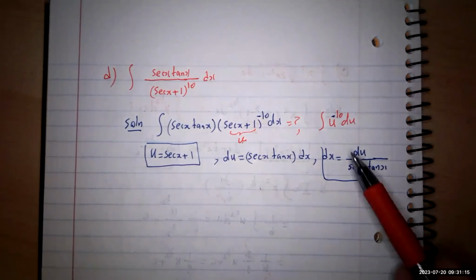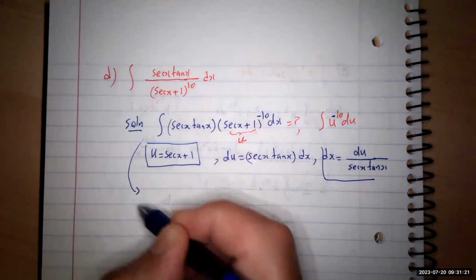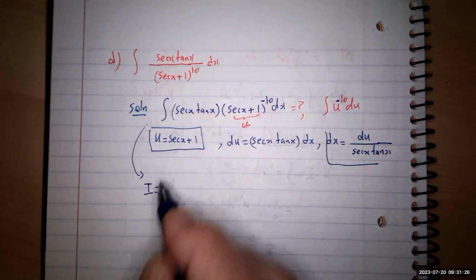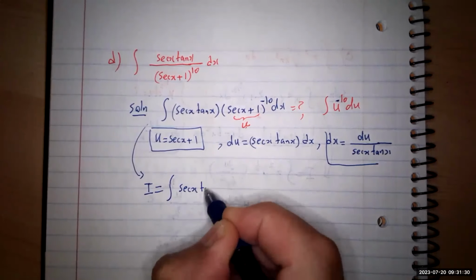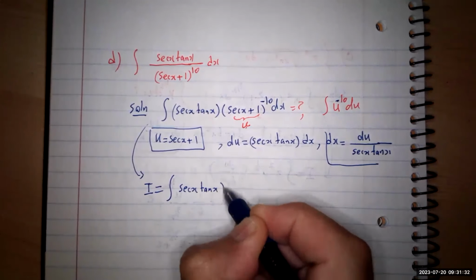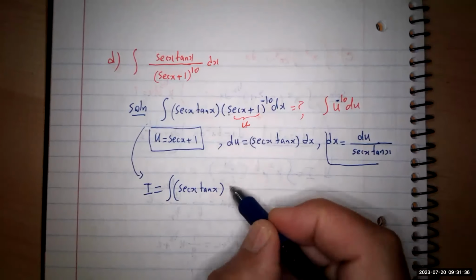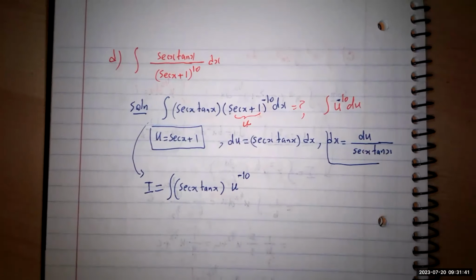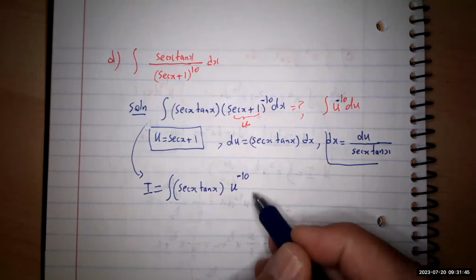So go back and substitute. We are going to call this one I. This is the integral of secant x tangent x, as is, times u to the negative 10, but remember you have to multiply by dx.